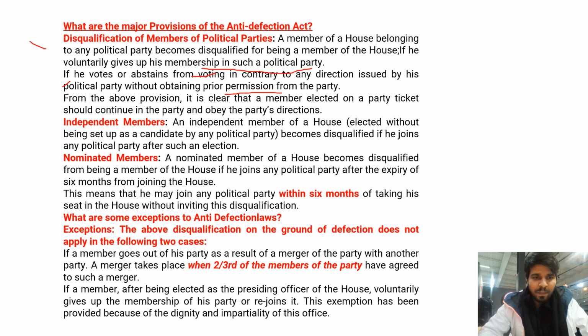This is also called the whip. From the above provision, it is clear that a member elected on a party ticket should continue in the party and obey the party's direction. It is very important that you obey the party's direction.